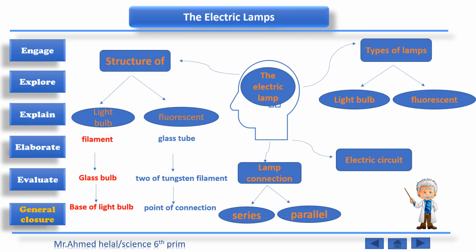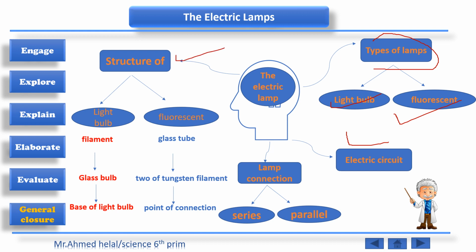Here in this lesson we have studied the electric lamps. We have studied the types of electric lamps, the light bulb and the fluorescent lamp, and we have studied the electric circuit and the structure of the lamps.